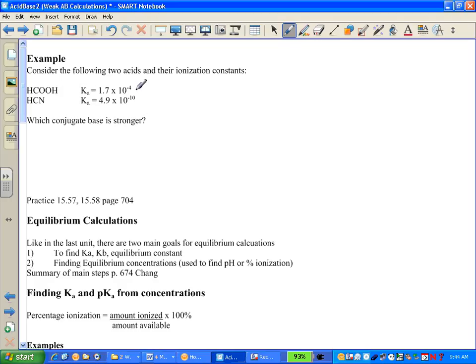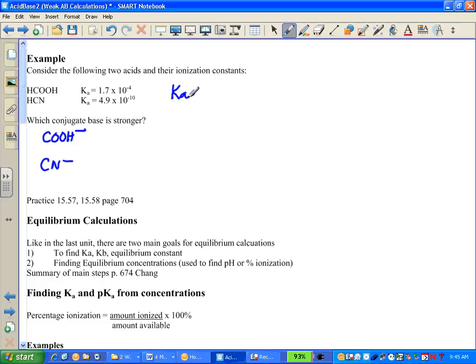But first, let's look at what the formulas are for the conjugate bases. So the conjugate base of the first one is going to be COO minus, because remember, an acid is losing a proton, so we take that away. For the second one, it is CN minus. This is the Ka value for the reaction.